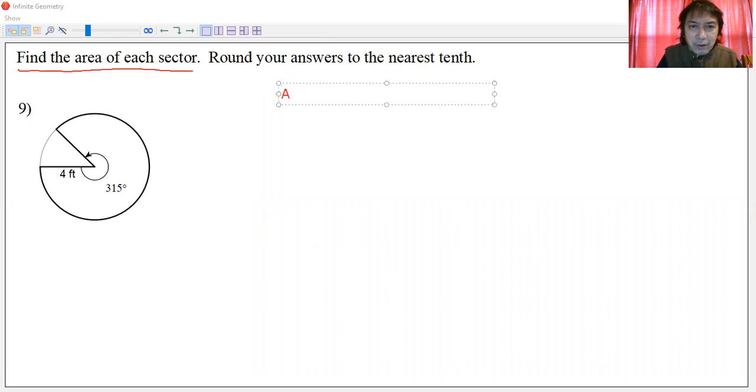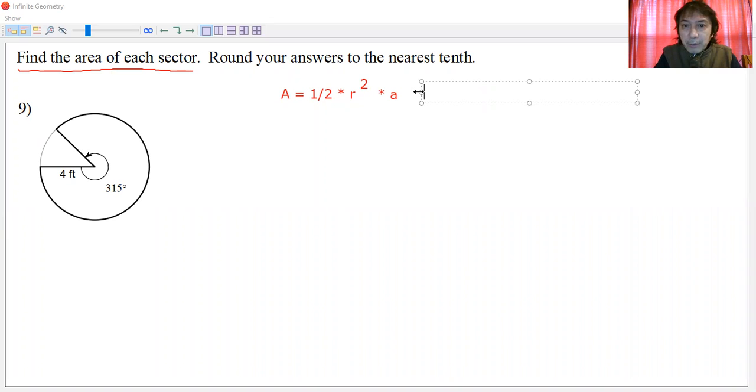So, area of sector is equal to 1/2 times r squared multiplied by the central angle there, okay?